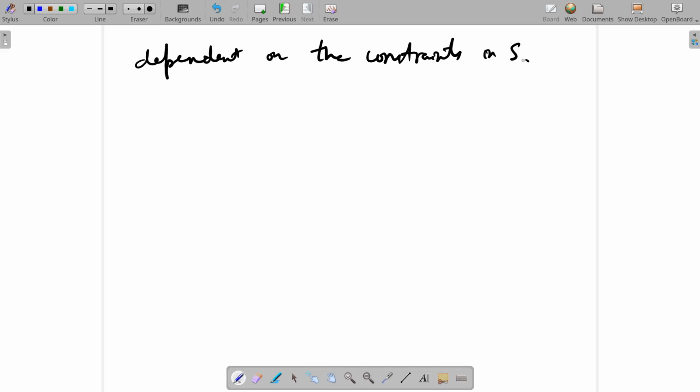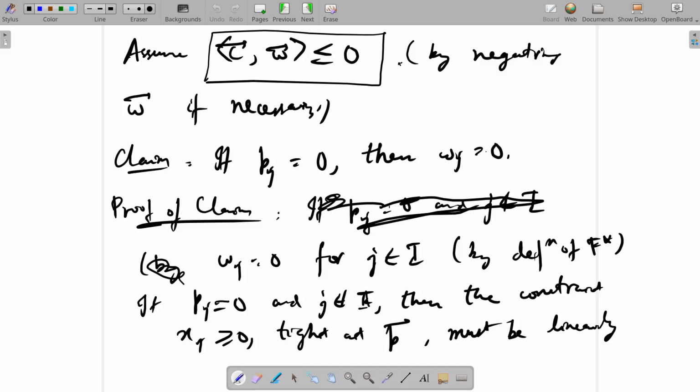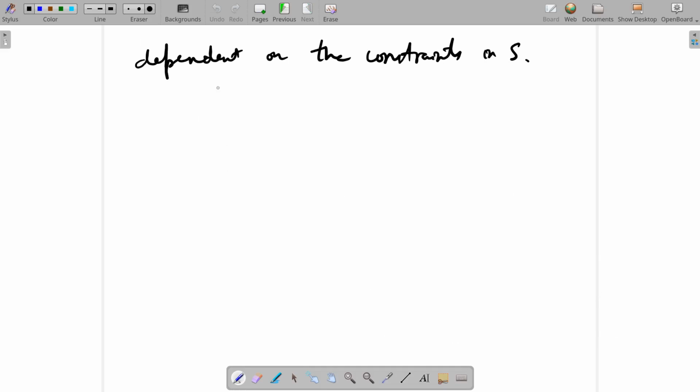So in that case, naturally, let's say it was 0 0 1 0 0, this was the corresponding sign constraint, so this is like the jth column.